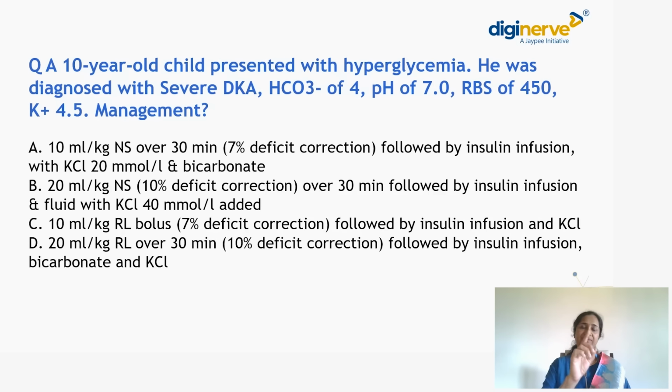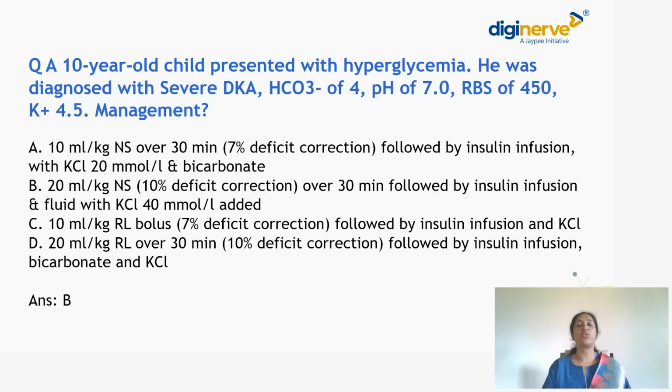That is why I have selected option B as the correct answer, where the fluid is a good amount, the choice of fluid is good, you're giving insulin infusion, and you'll give fluid with potassium because the potassium will soon come down as the insulin goes in, the potassium being relocated intracellularly. I have not selected bicarbonate because in pediatrics we don't use bicarbonate so regularly. In adults, yes, in very severe acidosis where the pH is really low.